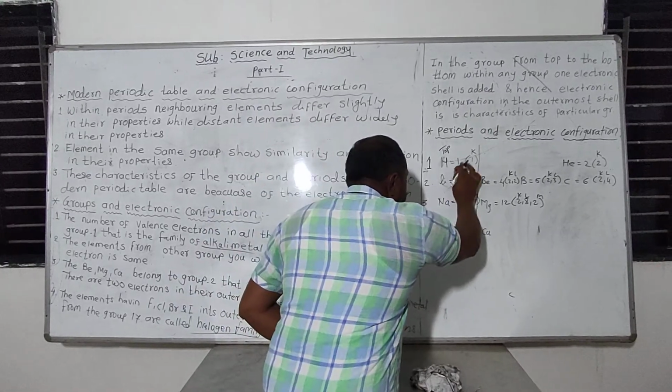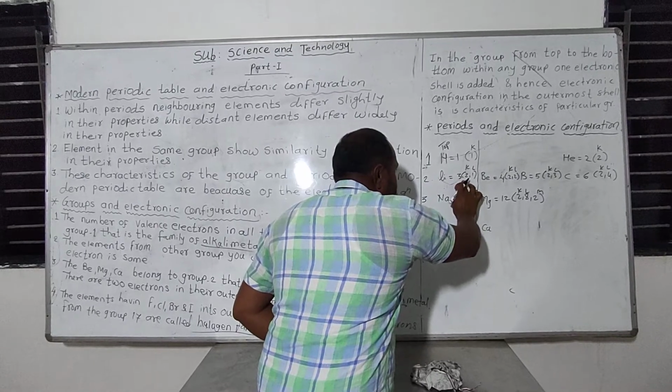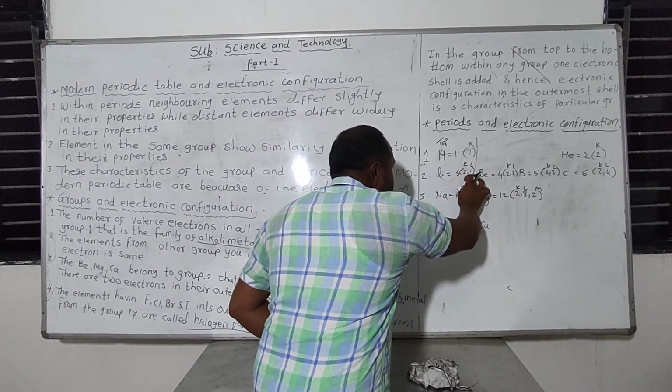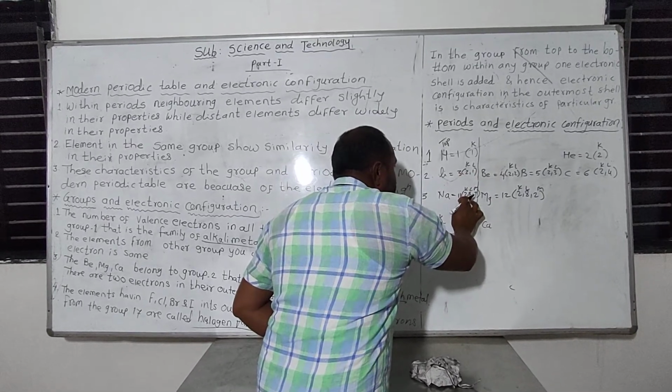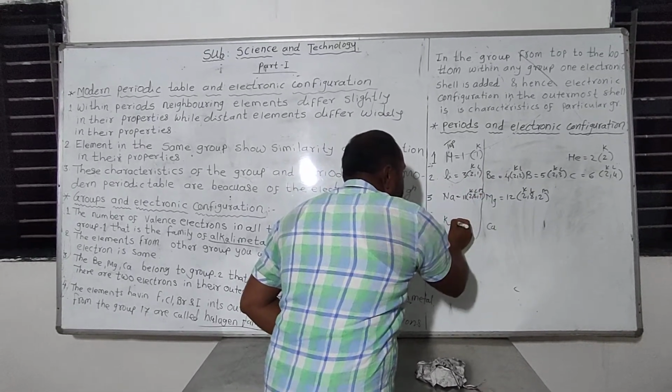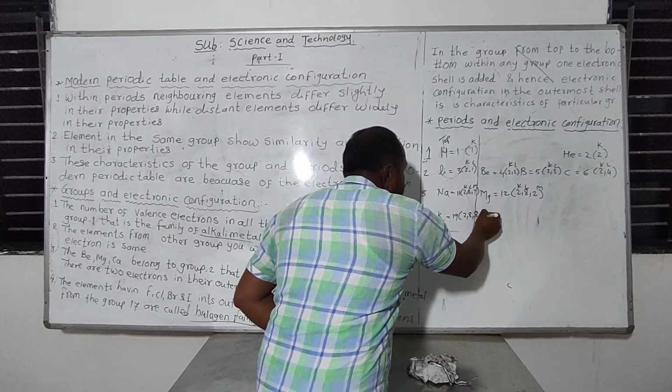Hydrogen has atomic number 1 and requires the K cell. Lithium has atomic number 3 with configuration 2, 1 and 1 in its outermost cell, so 2 cells are required. Sodium requires 3 cells, 2, 8, 1, and potassium, atomic number 19, has electronic configuration 2, 8, 8, 1.